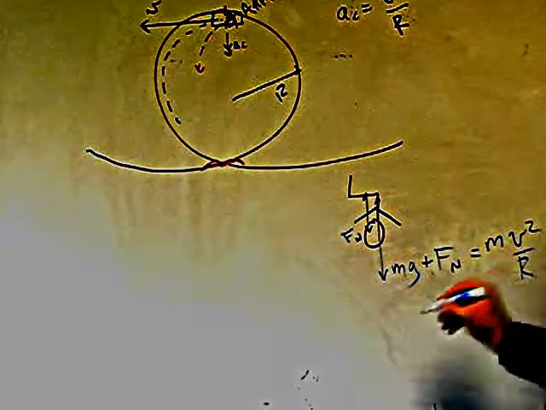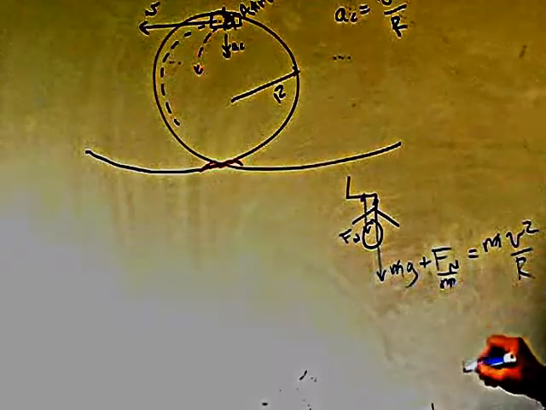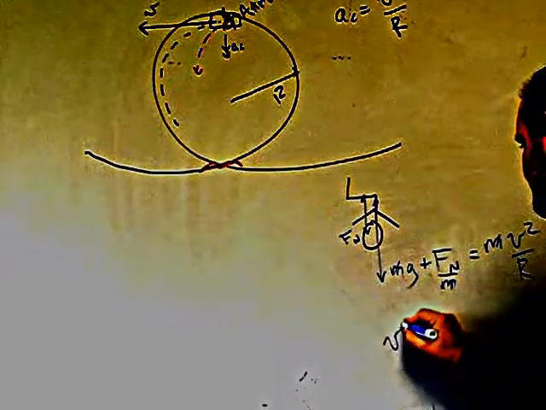So now we think, okay, what is the speed that corresponds to this? Well, if I divide both sides by m, those divide out, and then I multiply both sides by r, I get v squared is equal to gr plus FN r over m, or v is equal to the square root of gr plus FN r over m.